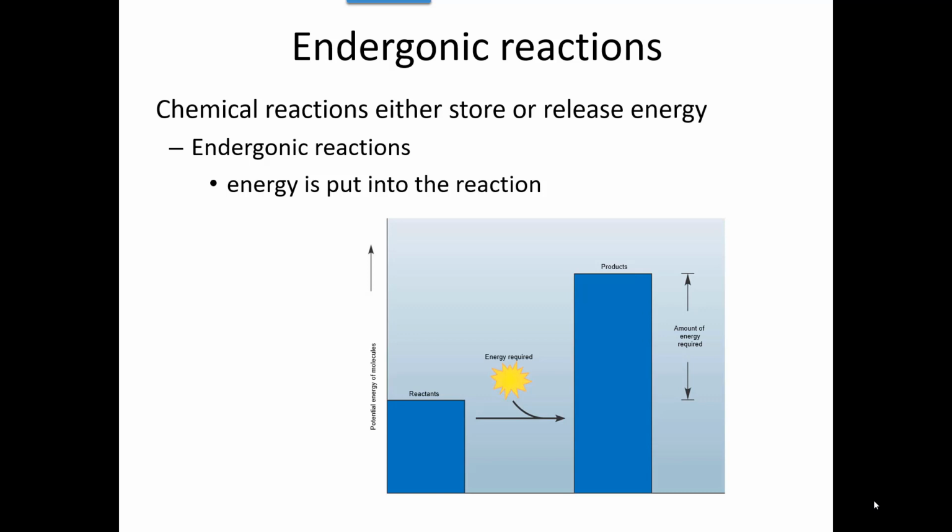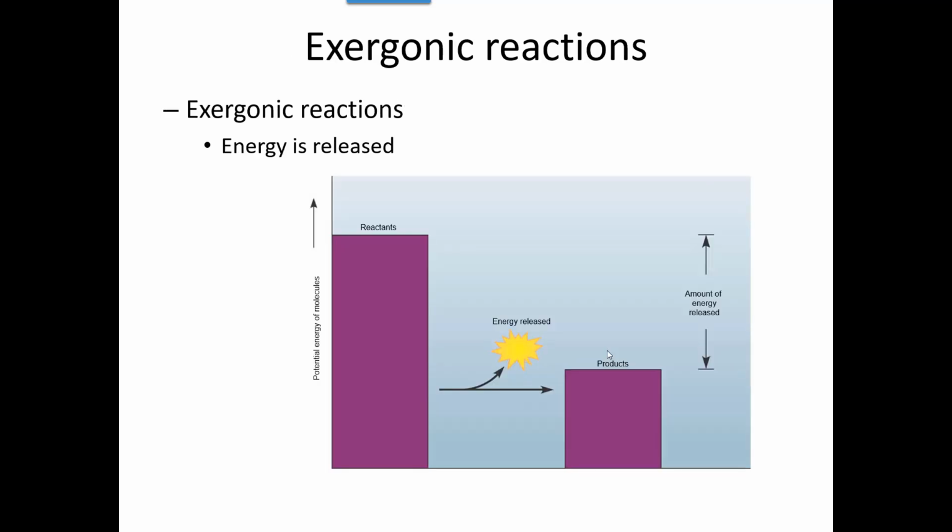So if I have a couple reactants, whatever they are, a couple different molecules, I can put energy in, which means now my products actually have more energy than the reactants did. And now we can actually have some stored energy there. The exergonic reaction is the opposite. Ex means out, just like an exit means out.